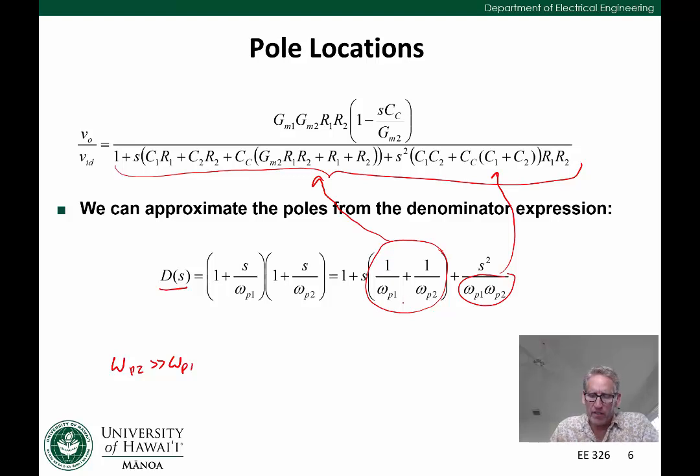As a result, if we look at the second term, 1 over omega p2, it's going to be small compared to 1 over omega p1. Therefore, we can write that D of s, under this condition, is approximately equal to 1 plus s over omega p1 plus s squared over omega p1 omega p2.